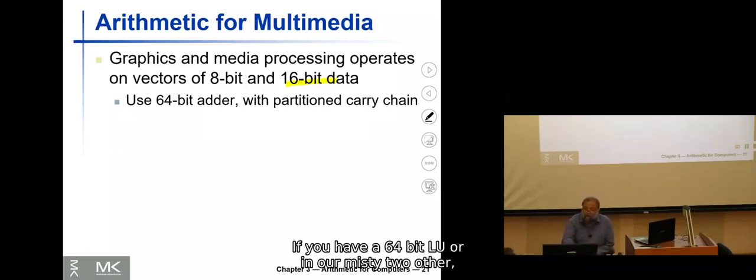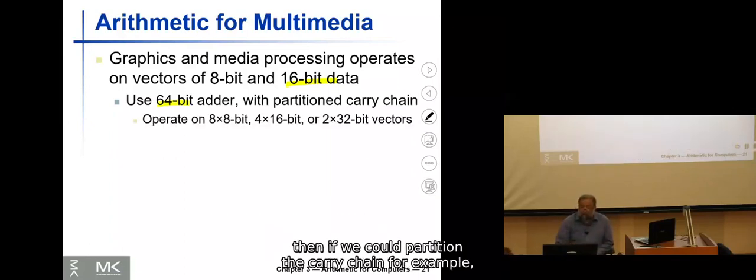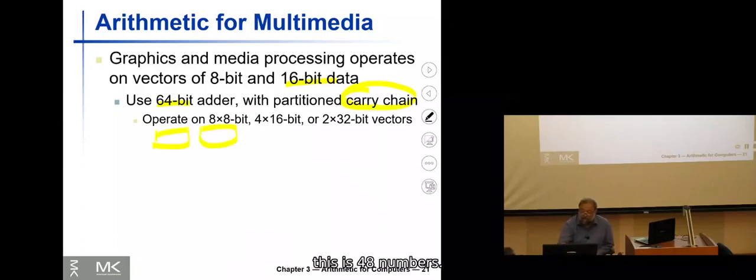So if you have a 64-bit ALU, or in our MIPS a 32-bit adder, then if we could partition the carry chain, so, for example, this is 4 8-bit numbers.